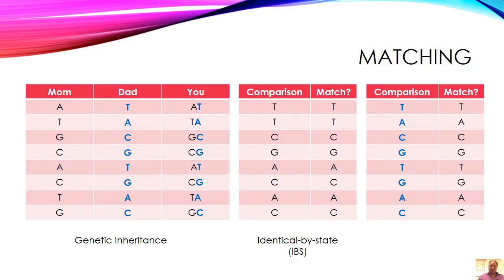Is this identical by descent? All right, if you said yes, this is identical by descent, that is correct. And this is family-based phasing, assuming that the unknown match also matches one of their parents.